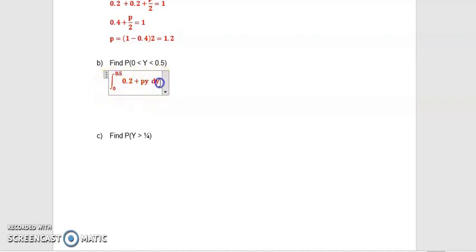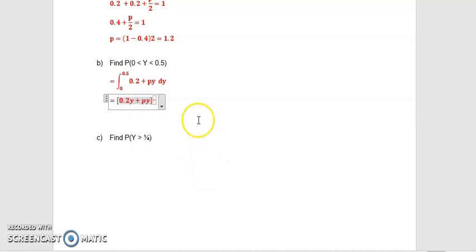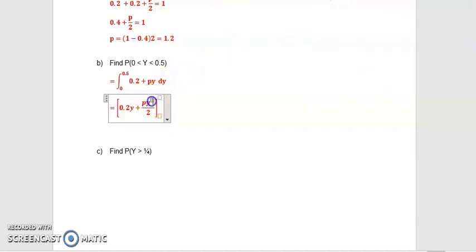Integrating here, we get 0.2y plus py squared over 2, for y equal to 0.5 as upper limit and lower limit y equal to 0.